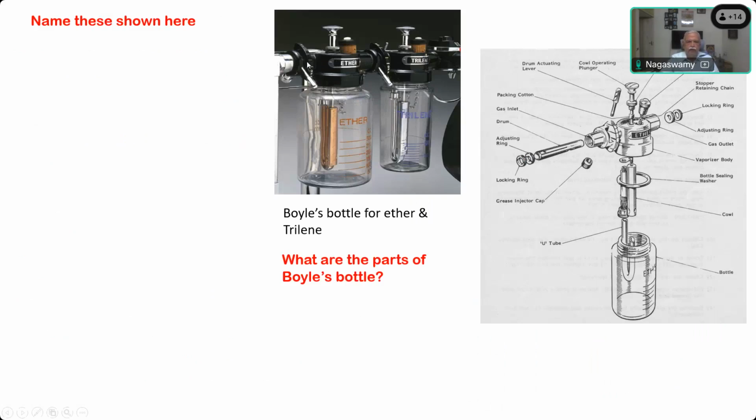But if you lift the lever to position 1, 2, 3, or the 4th position, which is completely on, then all the gases will go into the bottle, pick up the vapor, and then go out through this and join the back bar mainstream and go to the common gas outlet. If you want to use trilene, you can use it the same way.